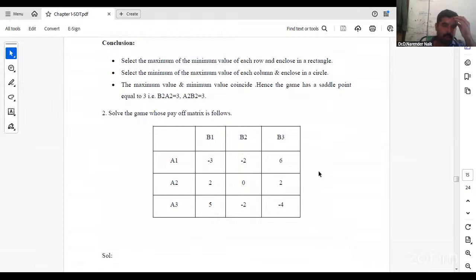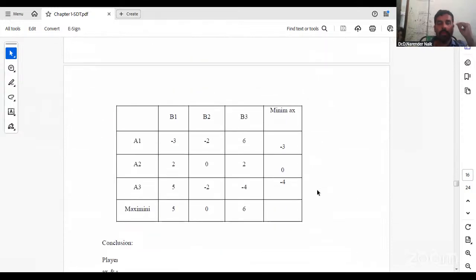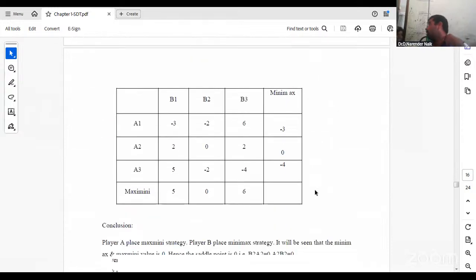B1, B2, B3, A1, A2, A3: minus 3, minus 2, 6, 2, 0, 2, 5, minus 2, minus 4. Observe carefully, same question, the same procedure. In the procedure, there is no change here.